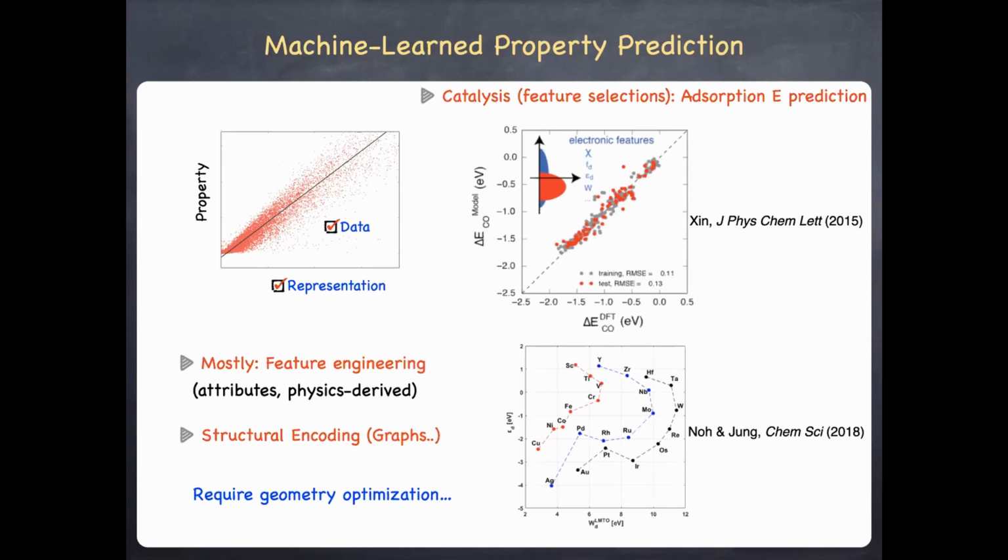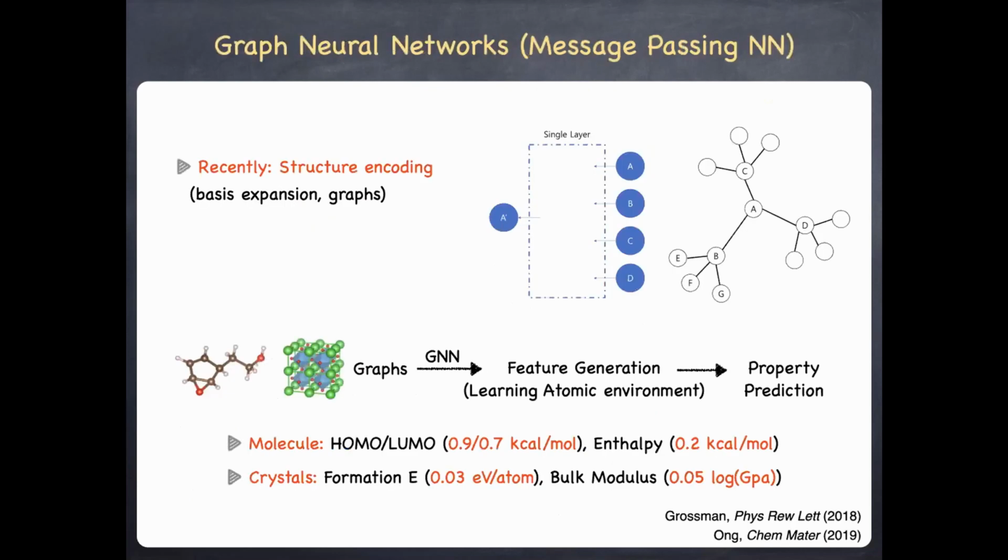And so a more general way of representing the molecule would be graph-based representation. It's similar to the use of the Hamiltonian that we use in electronic structure calculations. So in those calculations, no matter what property you want to calculate, you start with the geometry of the molecules. So this kind of structural encoding, or graph neural network, is the one that I'm going to talk about briefly today.